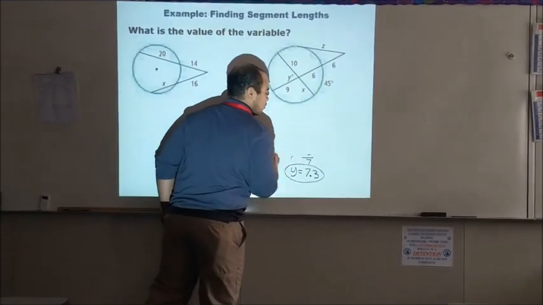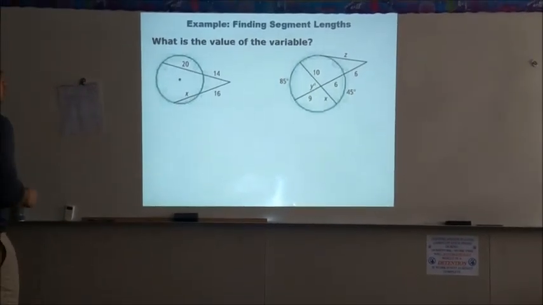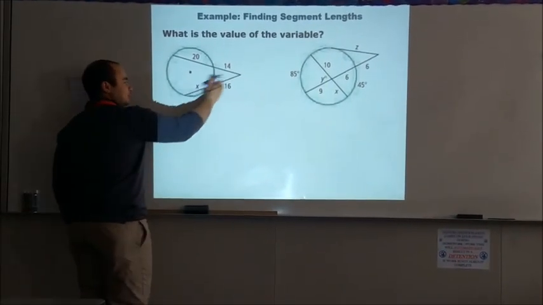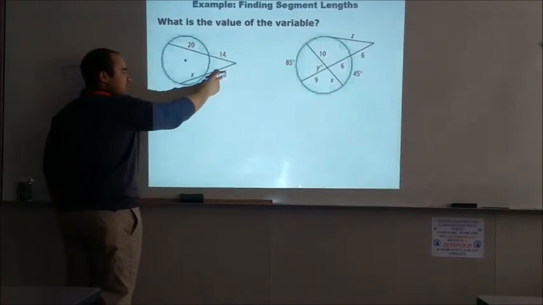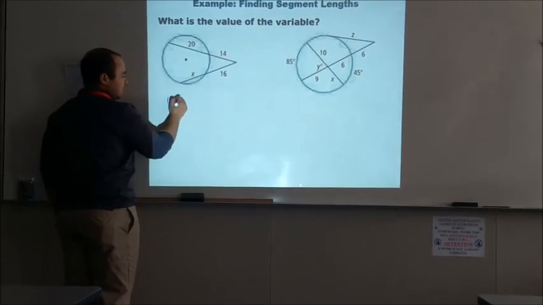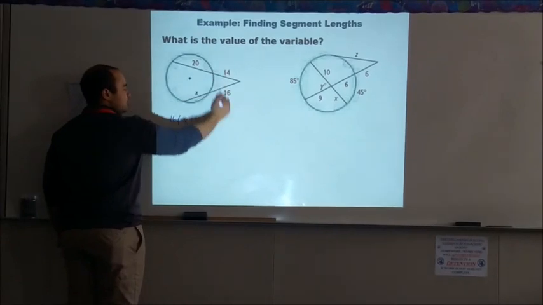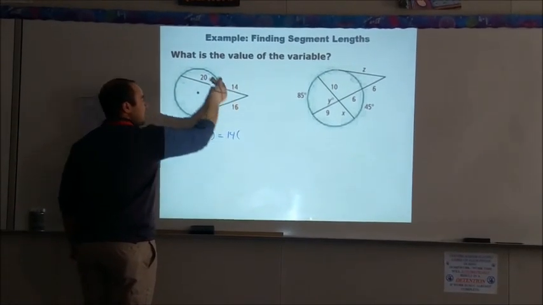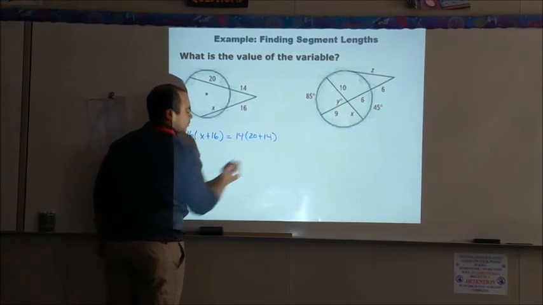All right, so last two examples, and that one's a doozy, so we'll start with this one. We have two secants. Let's remember the relationship is the outer portion of the secant times the sum of the secant, so in this case 16 times x plus 16 equals the outer portion times the sum, so 20 plus 14.